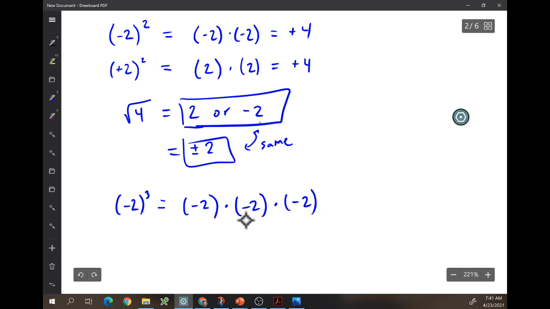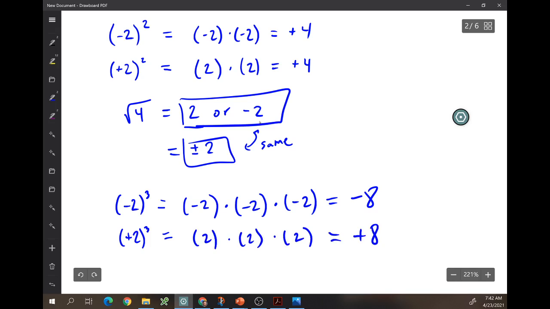Well, the negative 2 times negative 2 part is positive 4. Positive 4 times negative 2 is negative 8. And then if I have positive 2 cubed, well, that's 2 times 2 is 4, times another 2 is 8. It's always positive. So when I do these, we don't get that issue.